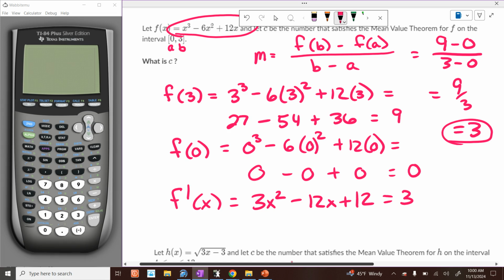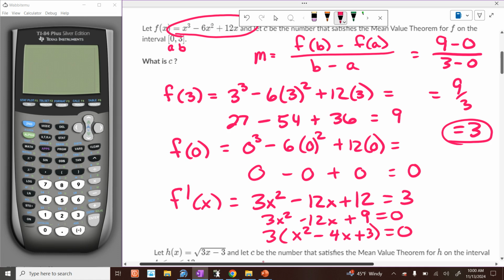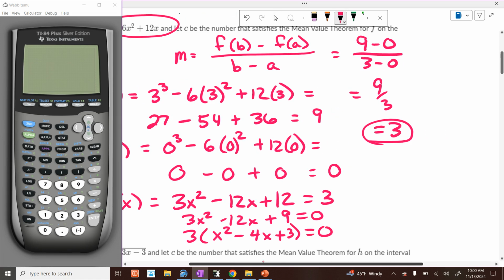If we do this, move the 3 over: 3x squared minus 12x plus 9 equals 0. Factor out a 3: x squared minus 4x plus 3 equals 0. This factors into x minus 3 and x minus 1.